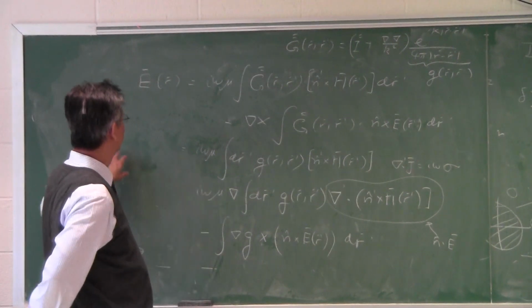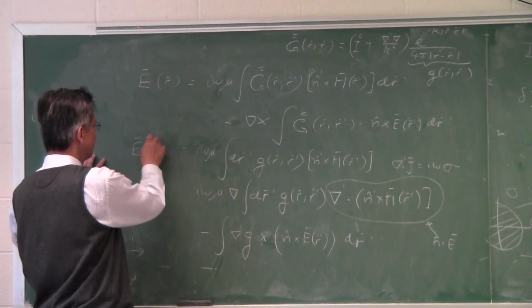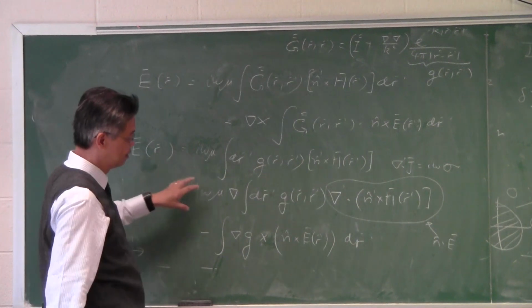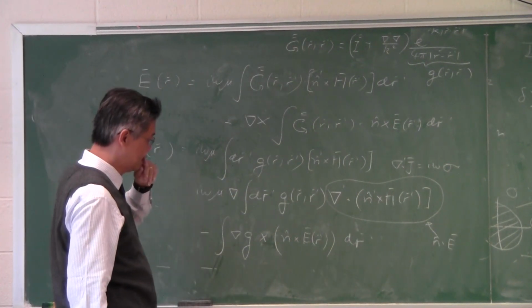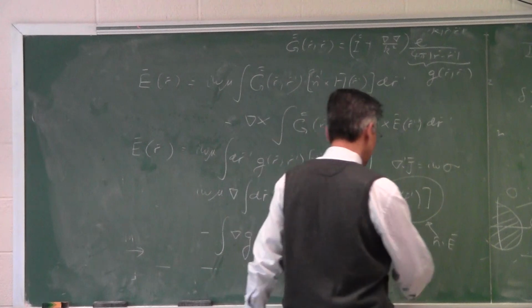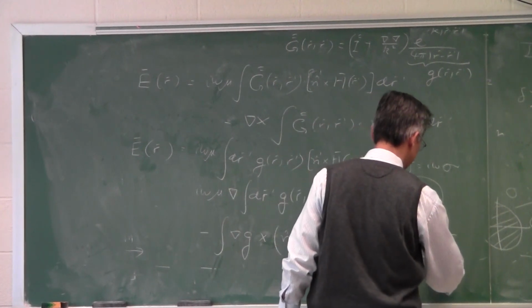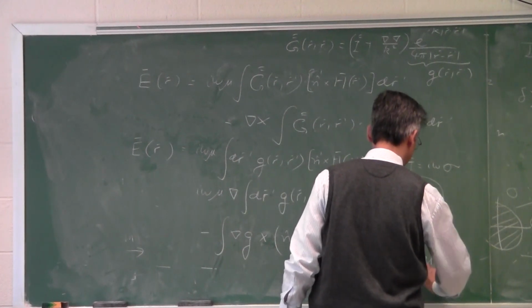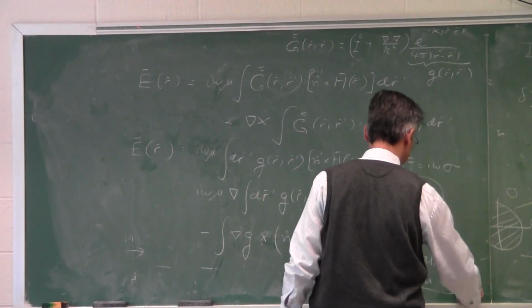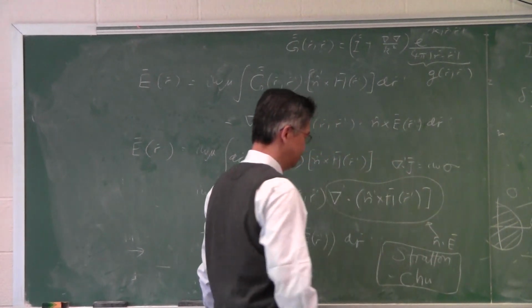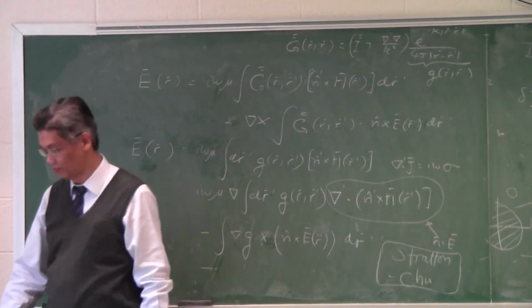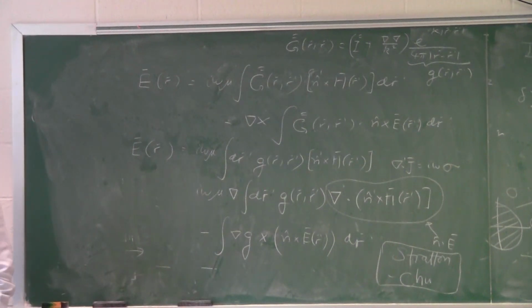And oftentimes you see Huygens principle written in this very confounding form. And you also find that Stratton Chu will look something like this. There's a very old formula due to Stratton and Chu. Okay, Julius Stratton was the president of MIT at one time.